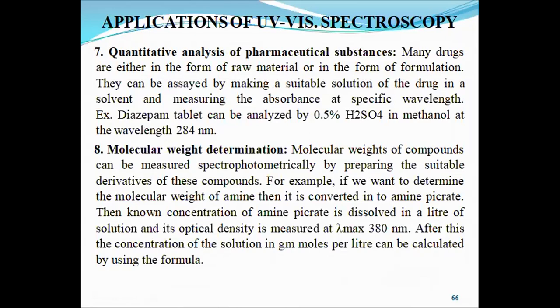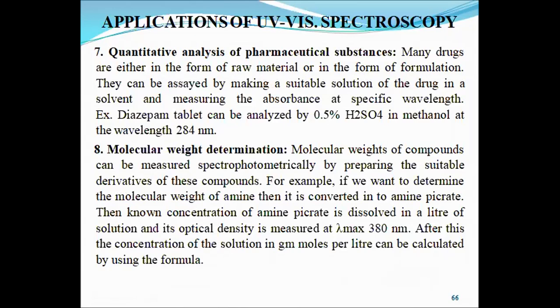The molecular weight of compounds can be easily measured by UV spectrophotometry, but mostly it is done by mass spectrometry. But by using UV visible also it can be done. What we need to do is first convert it into some other compound.